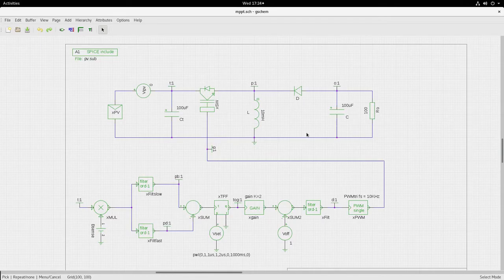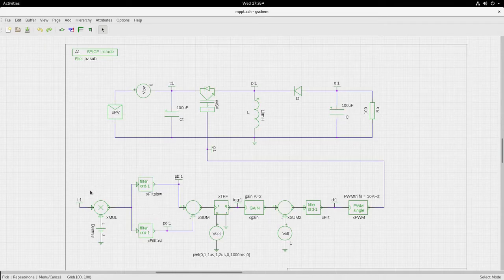This is a buck boost converter which has V0 equal to Vin or Vt into d by 1 minus d. The difference here is in these blocks, which are ultimately generating the proper duty cycle signal for switching this IGBT.